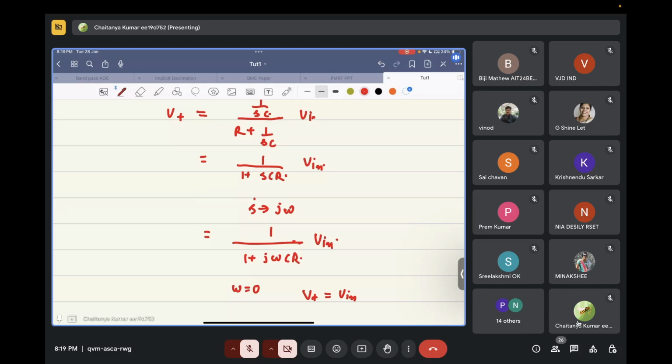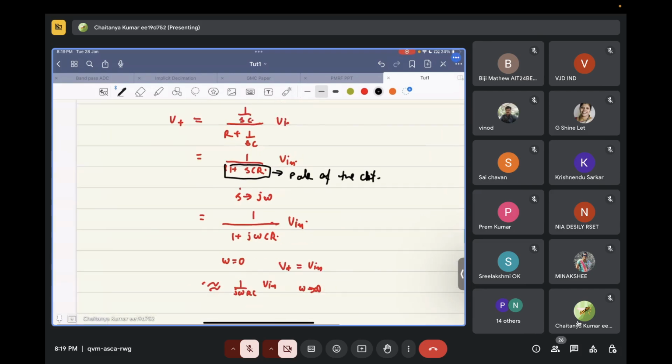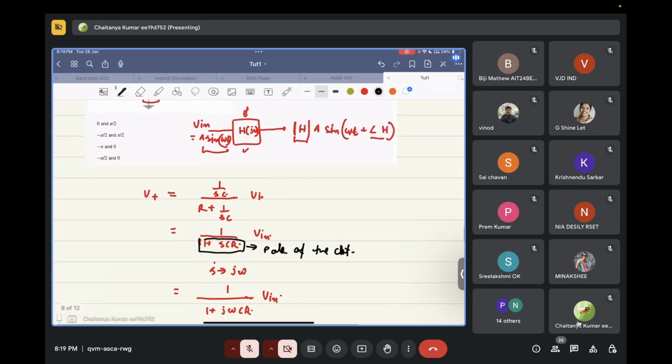And if your omega is very high, this will almost go to 1 upon j omega RC times Vin. If omega tends to infinity, V plus will be 0. So this is a low pass transfer function, and this particular form over here is called the pole of the circuit. Okay, so V plus we have found out.